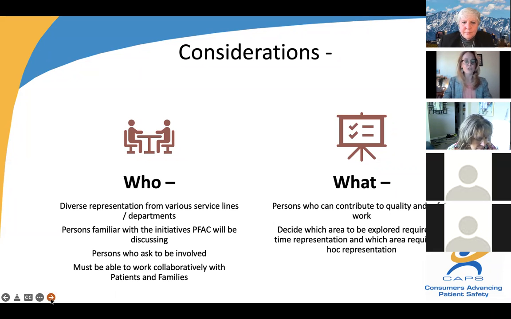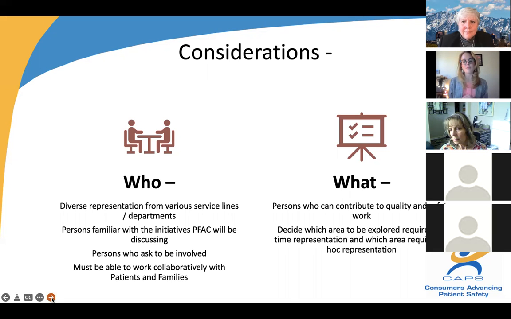So don't let it be a deterrent. If you have an internal partner or someone that's interested in joining your PFAC and they say, I'm just so busy, it's okay. You can join us when you're comfortable. We'll reach out to you when we have a project that we think would interest you, and we ask that you do the same. If you hear of something, please reach out to us.